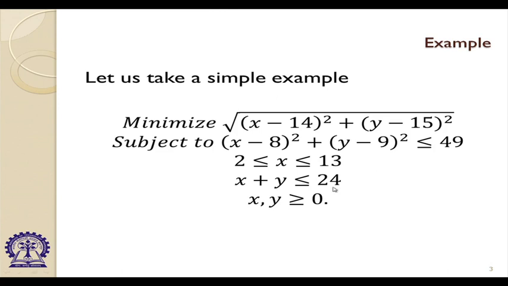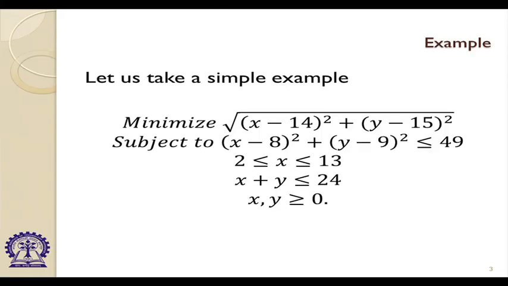Now, here I have considered a problem of two variables. Why have I considered two variables? Because then I can draw it, and I can tell you how graphically we will get the optimal solution. Here we have an objective function which is circular in nature. The circle has its center at (14, 15), and there is a set of constraints.